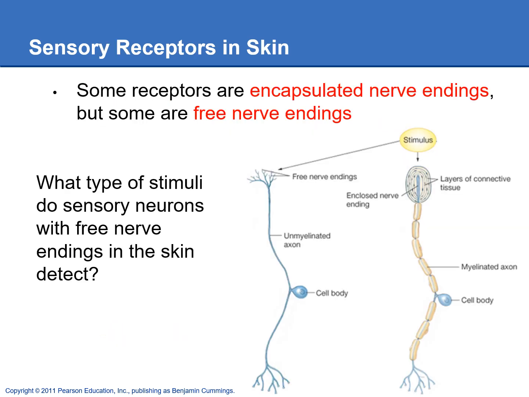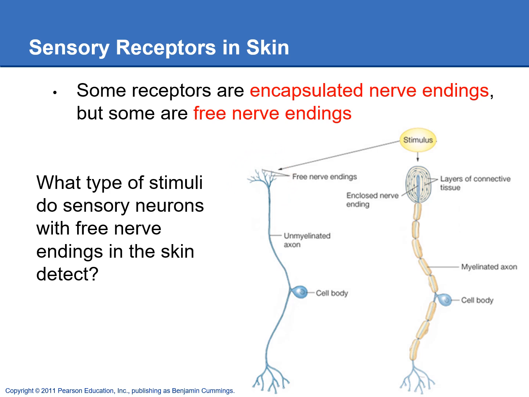Let's take a look at the sensory receptors in the skin. We have two different types. Some of the sensory receptors in the skin are encapsulated nerve endings, and then others are going to be free nerve endings, so there's no capsule around the dendrites.